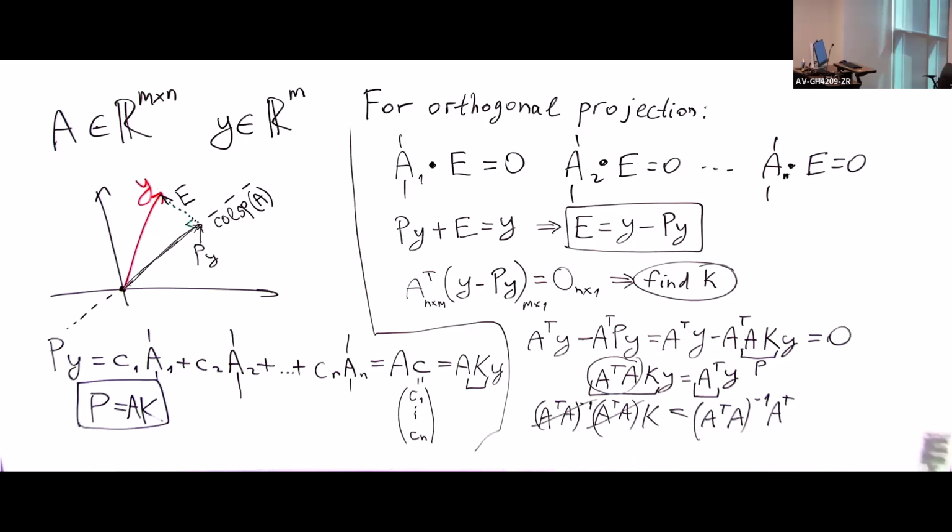So this is I times K, and I times K will be K. So from here, K will be equal to (A transpose A) inverse A transpose, right?